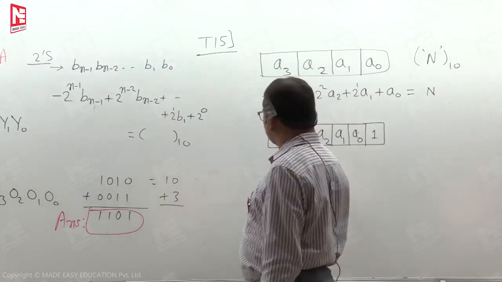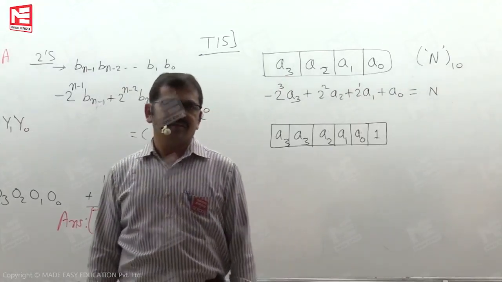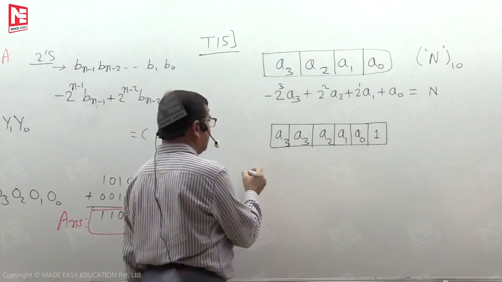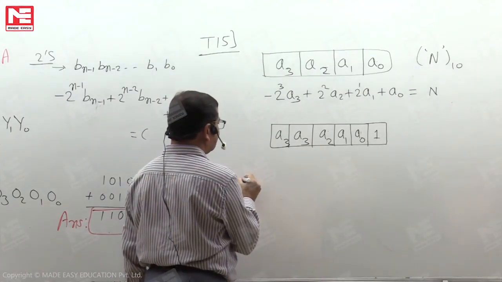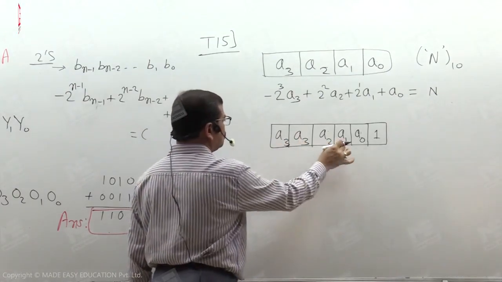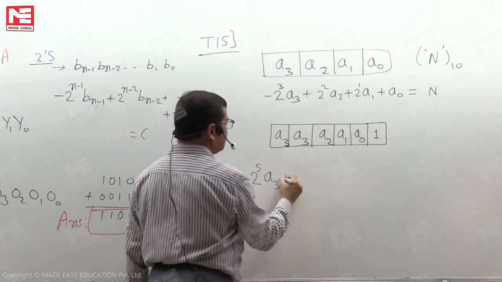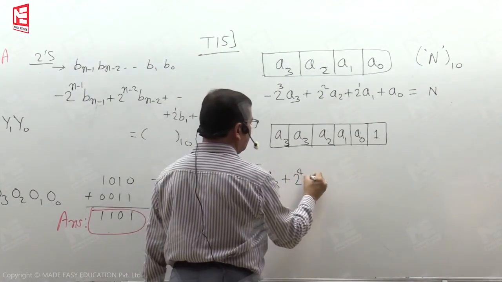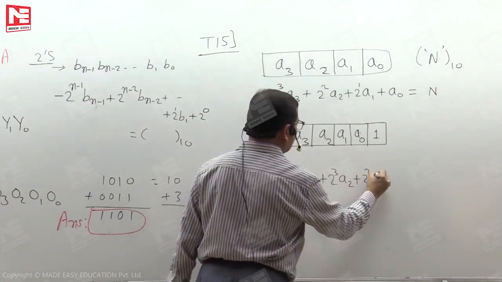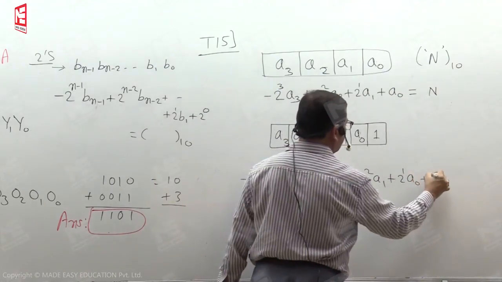Coming to this, when the original number is copied into the 6-bit register, after a few arithmetic operations, this must be minus 2 to the power of, right side of this MSB, how many bits do we have? 1, 2, 3, 4, 5. So minus 2 to the power of 5 A3, plus 2 to the power of 4 A3, plus 2 to the power of 3 A2, plus 2 to the power of 2 A1, plus 2 to the power of 1 A0, plus 1.